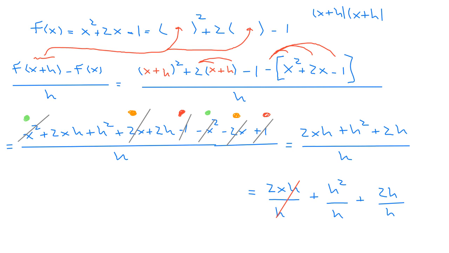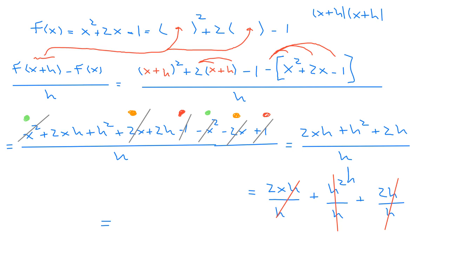And again, h divided by h cancels. h squared divided by h cancels also, but it leaves me behind an h. So that's what's left there. And then I think that's everything.